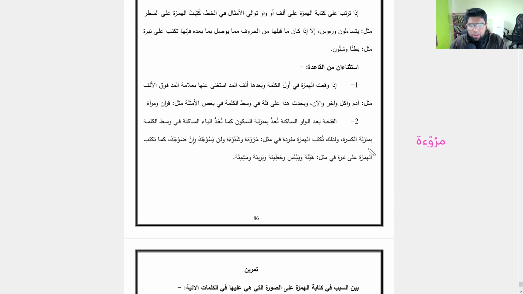Why? Al-fathatu ba'da al-waw. So after waw sukun, there's a fatha here. Muru'ah. It'll be considered as sukun, as ya sakina in the middle of the word is considered as a kasra. So muru'ah is fine, an exception again.